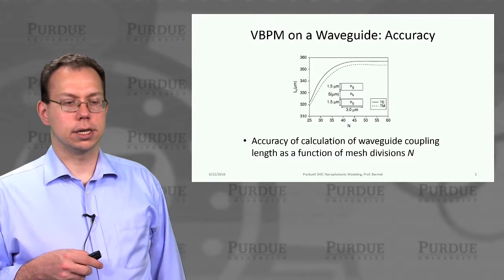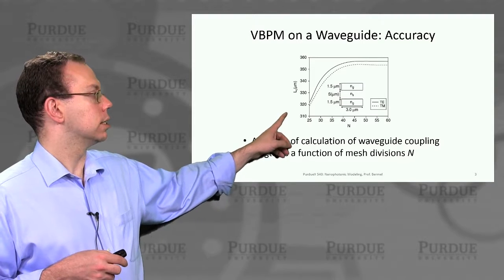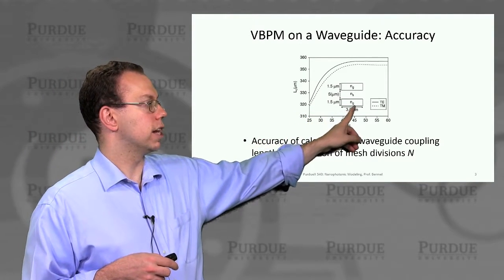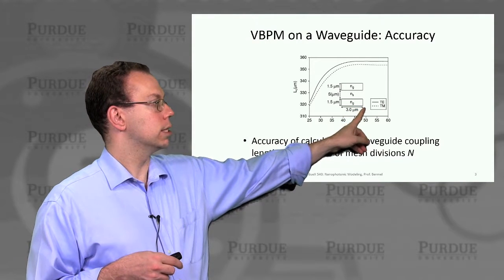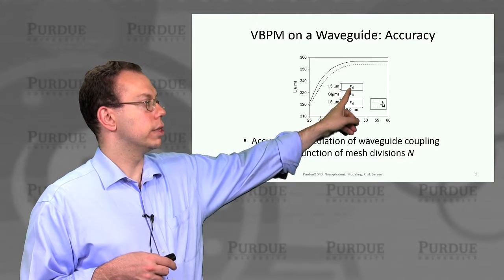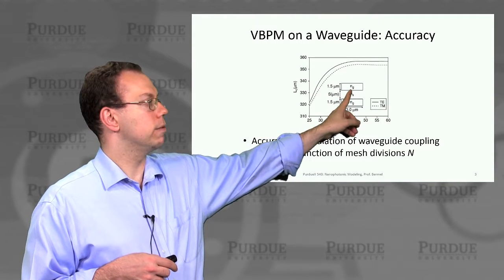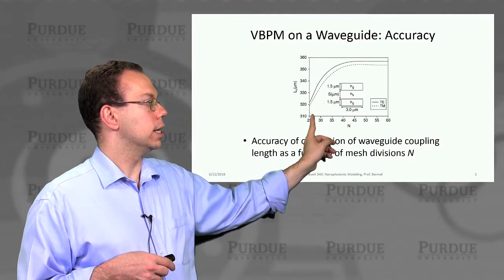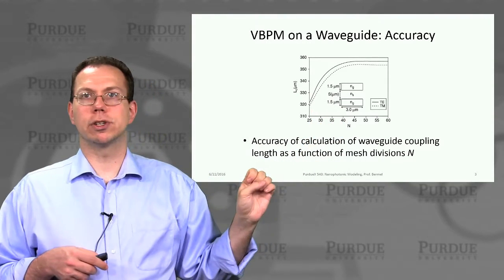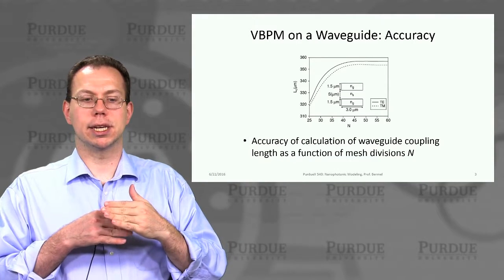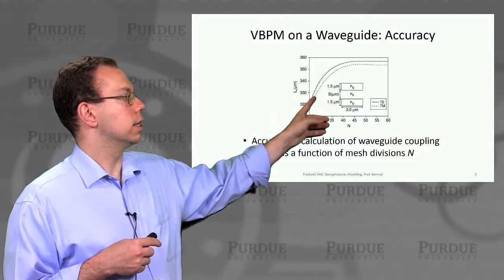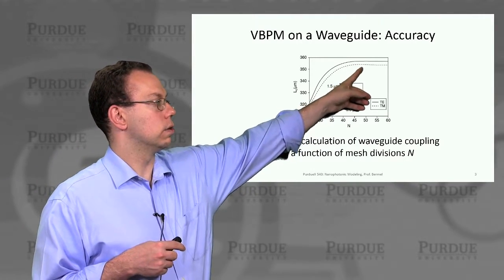So then here's another way to look at the problem, which is how accurate is this as a function of the number of finite element method elements? And then you can see that for this particular system in which we have actually two of the same waveguides that we talked about previously coupled together, that the accuracy in terms of the coupling length, which is an important metric for two waveguides that are passing each other, actually converges fairly quickly after we achieve about 50 elements or so.